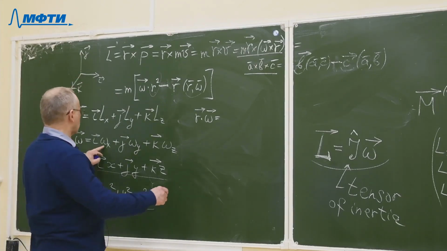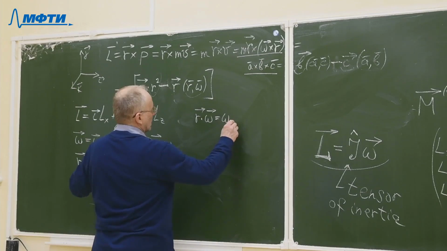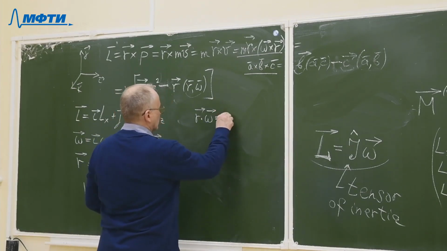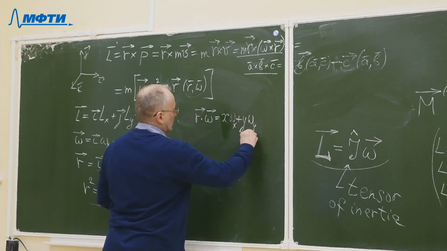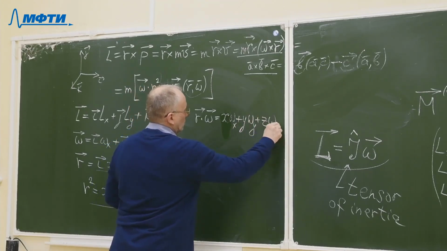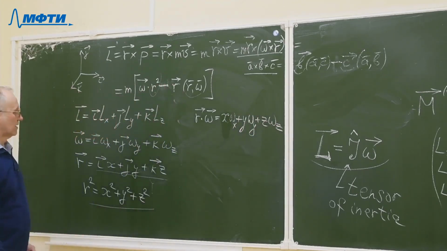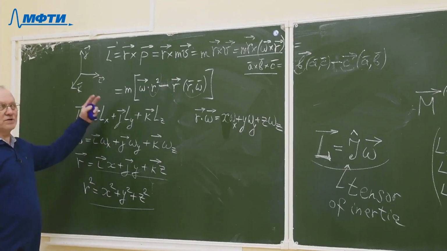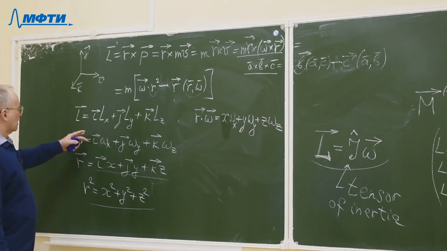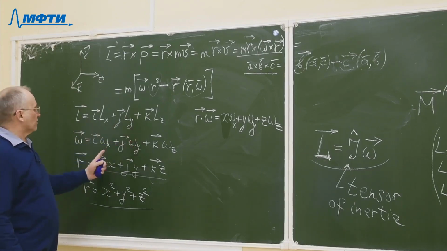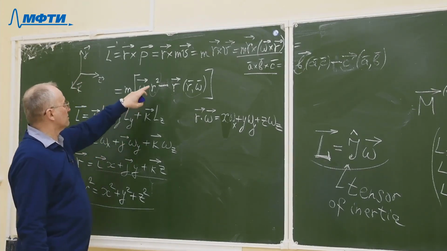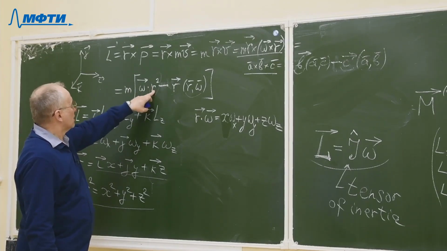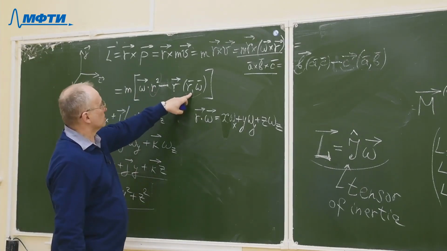Then such a product will give you x omega x plus y omega y plus z omega z. So if we know the components of all the vectors in a Cartesian reference frame, then we can easily calculate this coefficient and this coefficient.